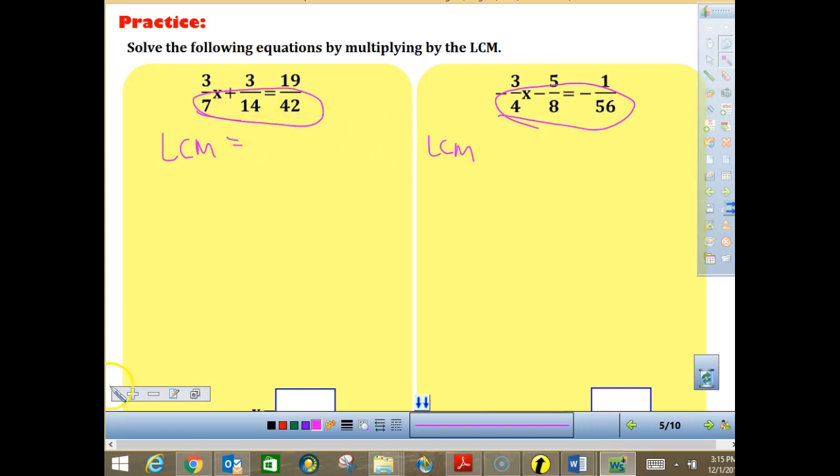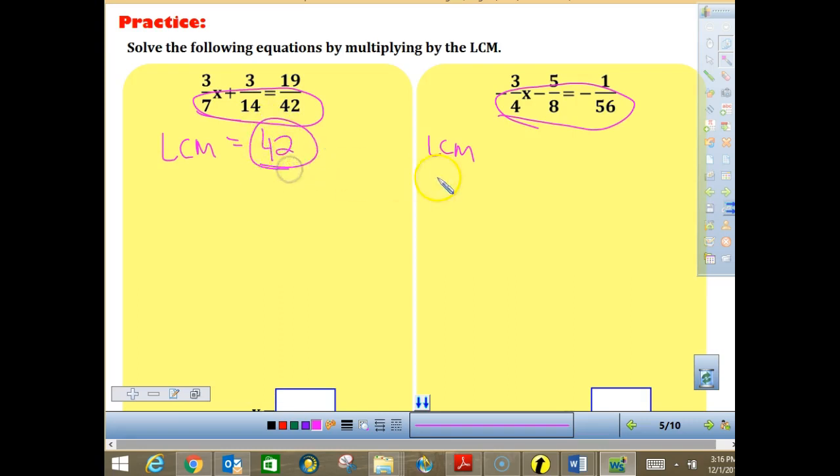Check with your shoulder partner, tell them, and then we're going to divide into it. Do the other two numbers divide into the biggest one? 42 is the biggest. Does 7 divide into 42? Definitely. Yes. My least common multiple should have been 42.